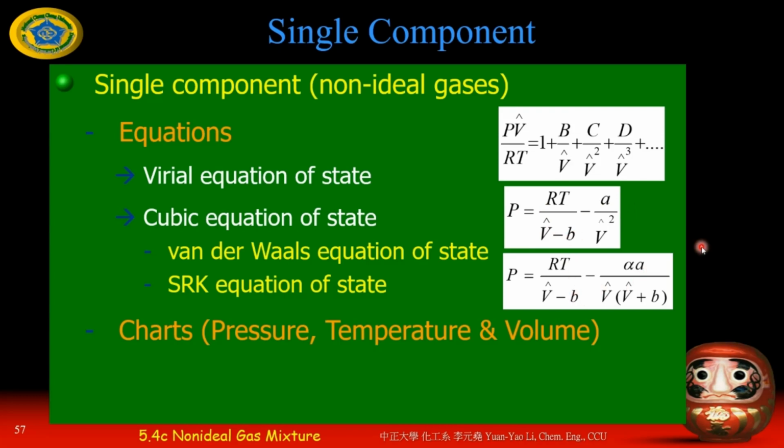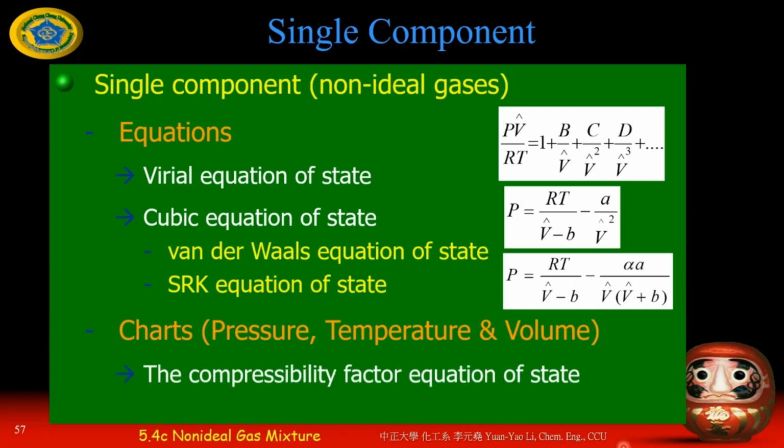So I will give you the equations related to the A and B parameters. Okay, and this one has another parameter which is called alpha. So as long as you have this equation and I give you the parameters, I just want you to find out the relationship between pressure, volume, and temperature for a single component, which is for non-ideal gases.